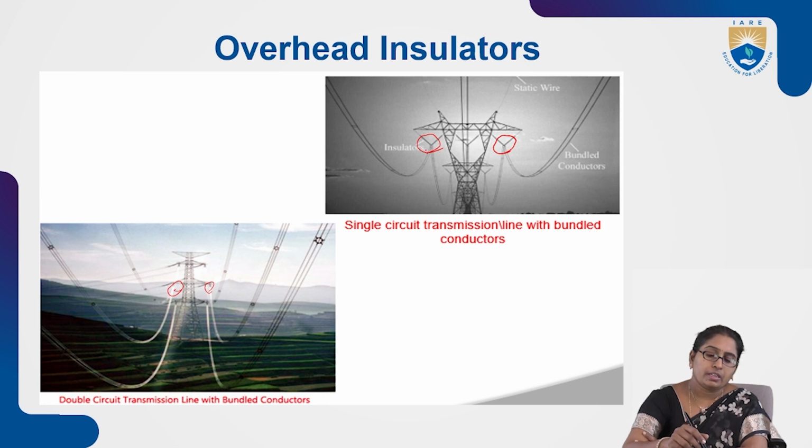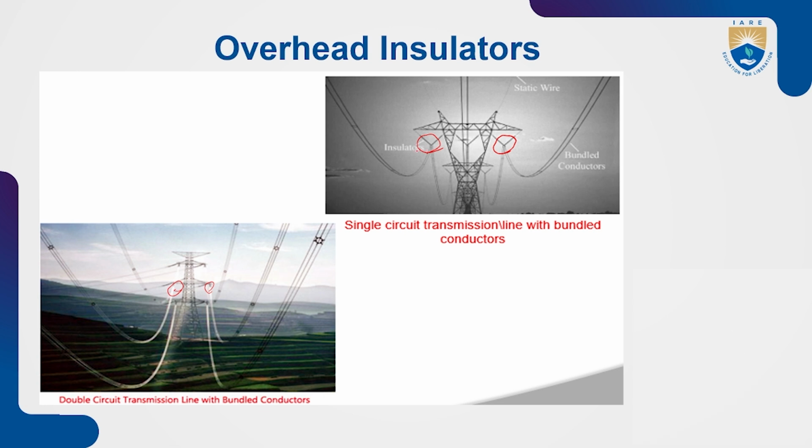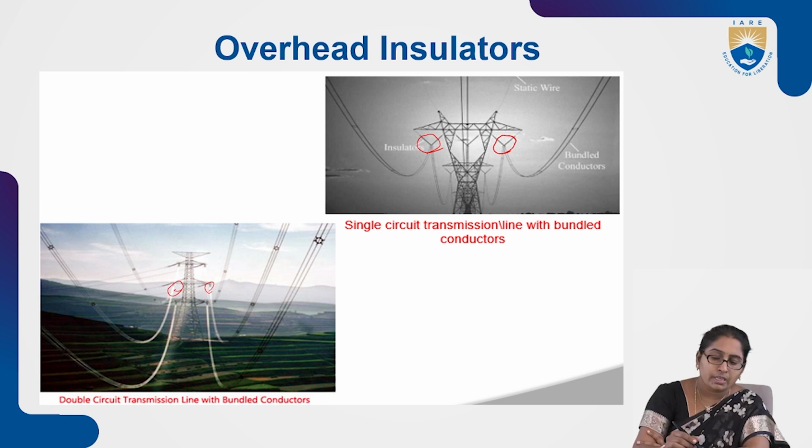You can see it marked clearly: this is the insulator, this is the insulator. Then there are also cross arms. You can see these are the cross arms which support the insulators. You can see the cross arms clearly in the next slides with other diagrams. Of course, it is not visible clearly here, but that is the cross arm.